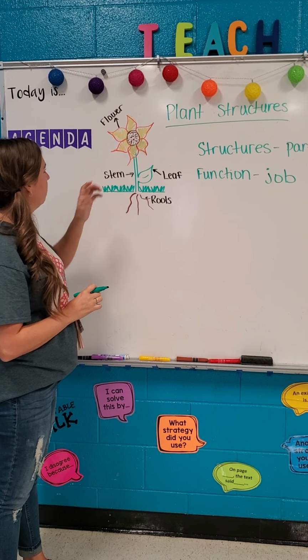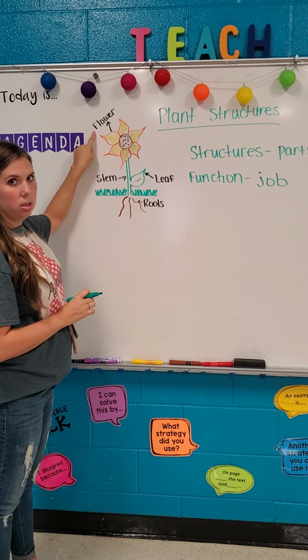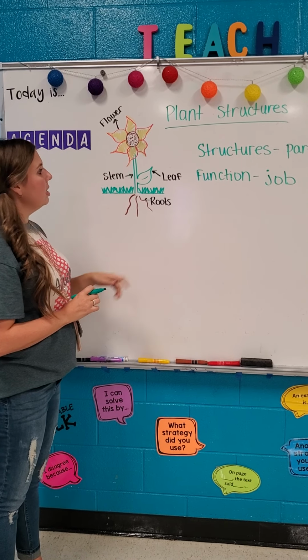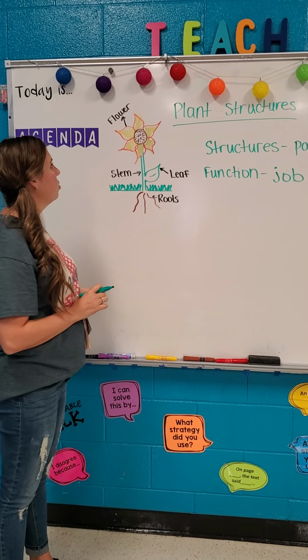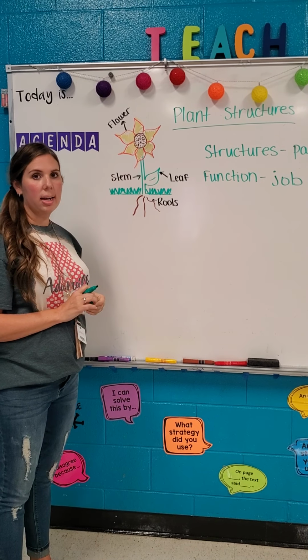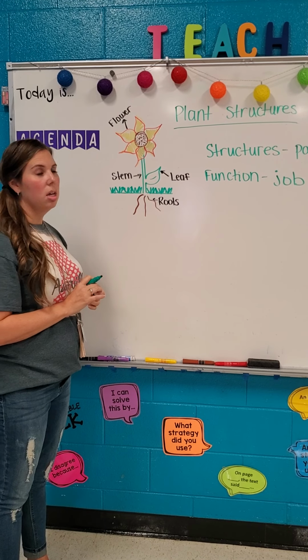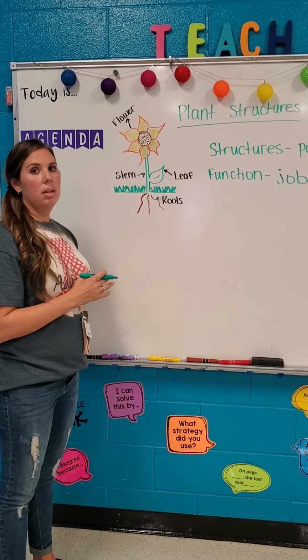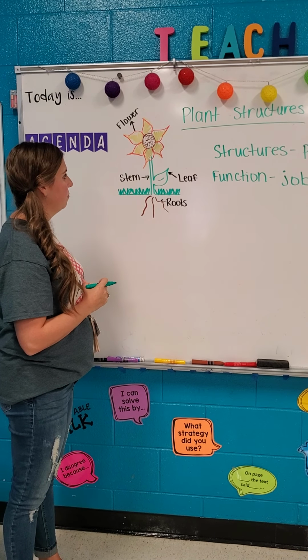So let's think about it. The flower is a very common plant structure, and it serves a function. It has a job. The job of the flower is to attract all the different pollinators, bees and butterflies and even birds, so that they can spread the pollen from one plant to another, and it can create a seed and make a new plant.